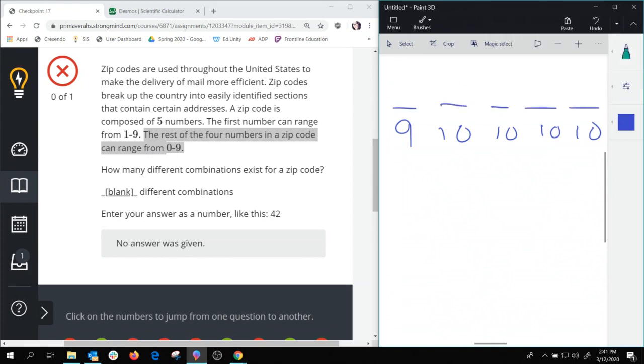So to figure out all of the different combinations, once we know all of these numbers for each of the blanks, all we have to do is multiply all of them together. So 9 times 10 times 10 times 10 times 10.